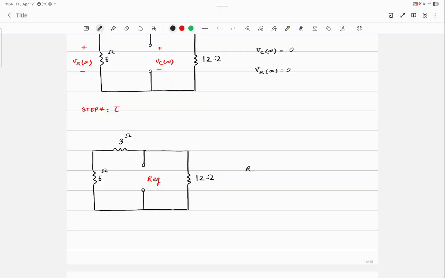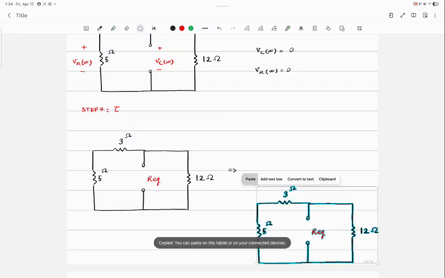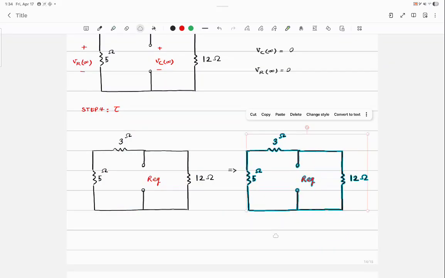So, what is Req? Let me do this. I want you to understand that this circuit is actually like this.